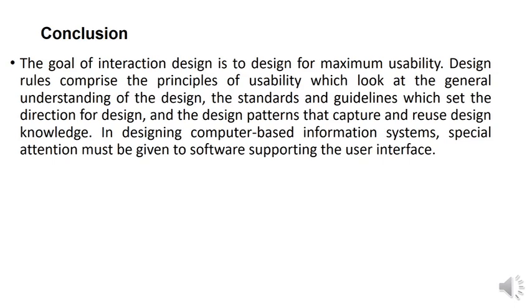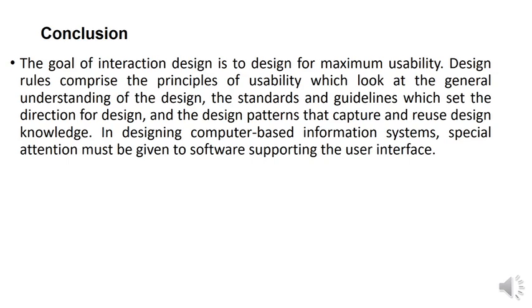Design rules comprise the principles of usability, which look at general understanding of the design, the standards and guidelines, which set the direction for design, and the design patterns that capture and reuse design knowledge.